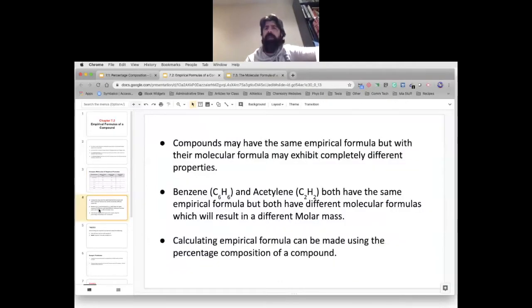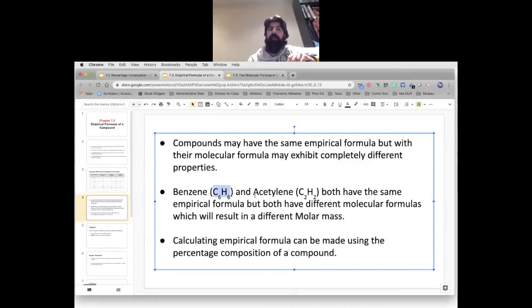So compounds may have the same empirical formula, as I was mentioning, but with their molecular formulas may exhibit completely different properties. Acetylene and benzene both have different chemical properties. Both will have different molar masses, but if you were to find the percent composition of benzene and the percent composition of acetylene, you will notice that they are exactly the same.